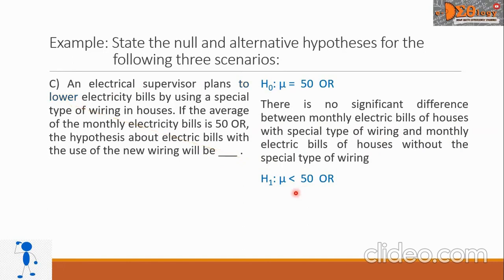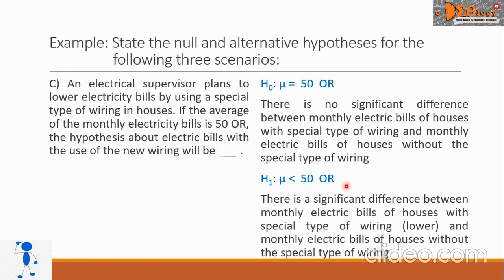And in words, we may write there is a significant difference between monthly electric bills of houses with special type of wiring, that is lower, and monthly electric bills of houses without the special type of wiring. Take note also that in the alternative hypothesis, this less than symbol denotes a left-tailed test.